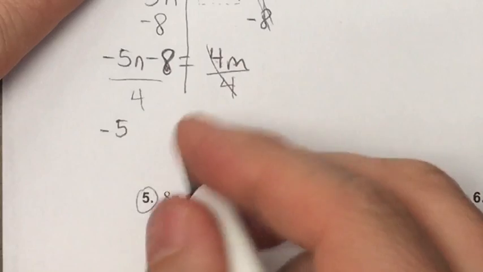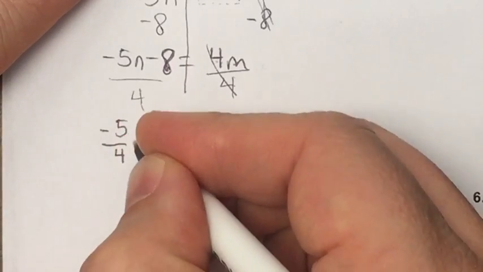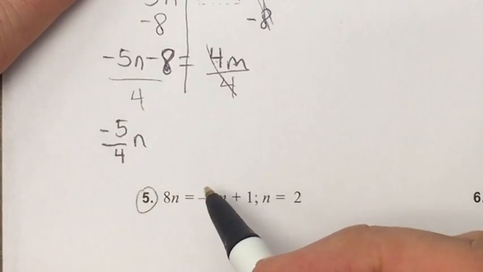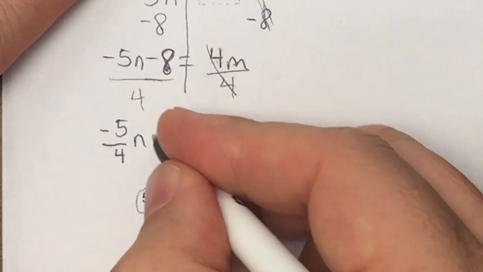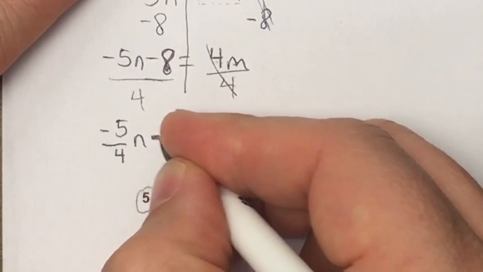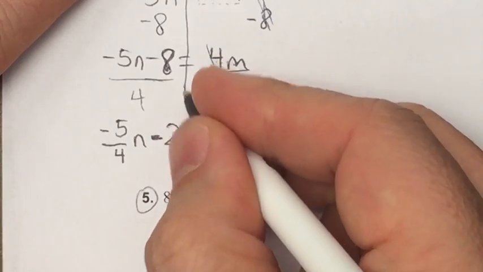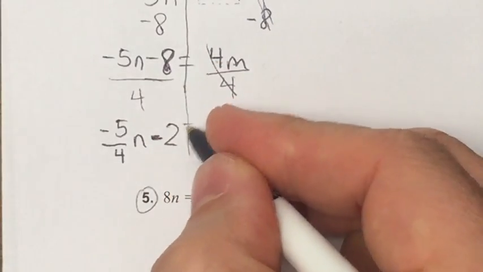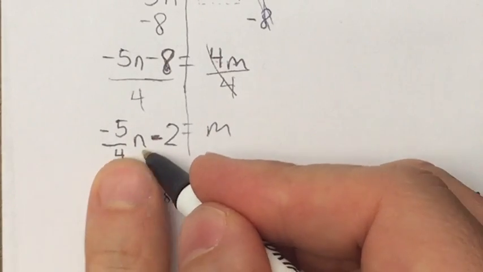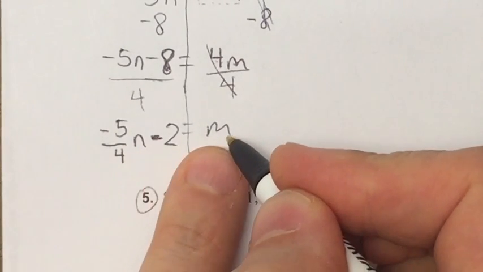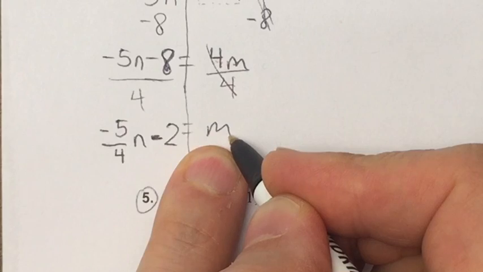And you could also write that as negative 5/4 n. It's the same thing. Okay? I also have negative 8 divided by 4. That just gives me 2. So negative 8 divided by 4 is negative 2, or minus 2. So what I have here is negative 5 over 4n minus 2 equals m.